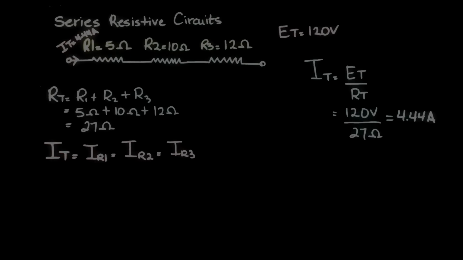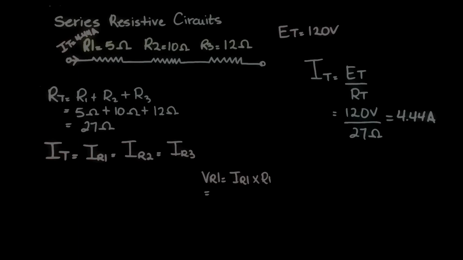So using Ohm's law, we can solve for the individual volt drops that are found across each individual resistor. And we can do so using our formula VR1 equals IR1 times R1.